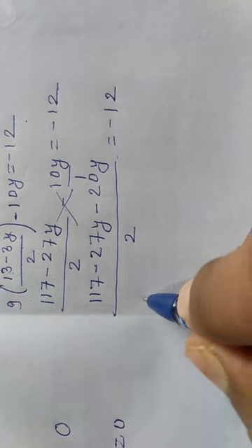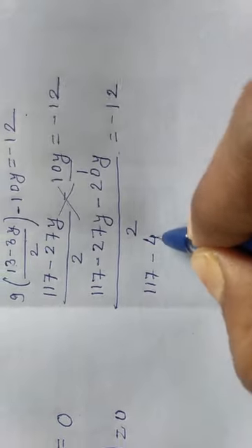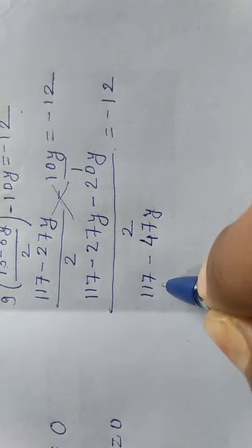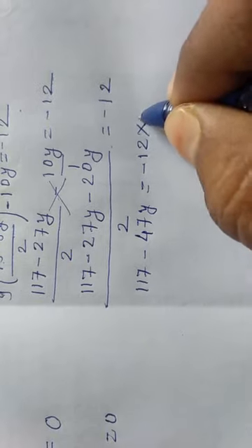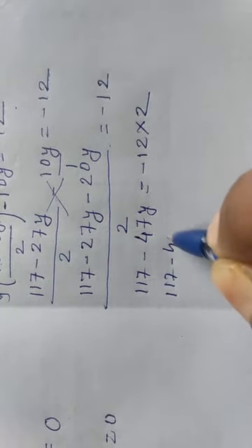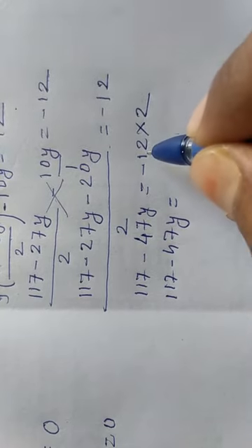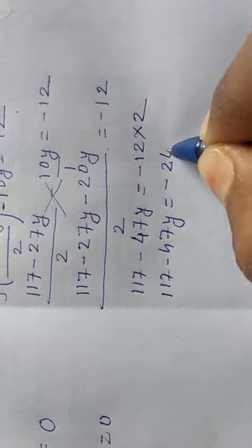So what we will get here: 117 minus this 27 plus 20 will get minus 47y, and this 2 if we take to our right hand side, we will get minus 12 into 2. So now here we will get 117 minus 47y is equal to 12 into 2, minus 24.